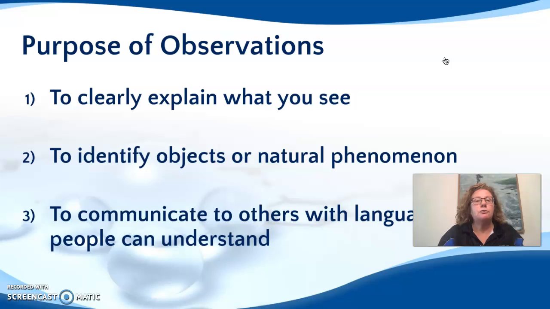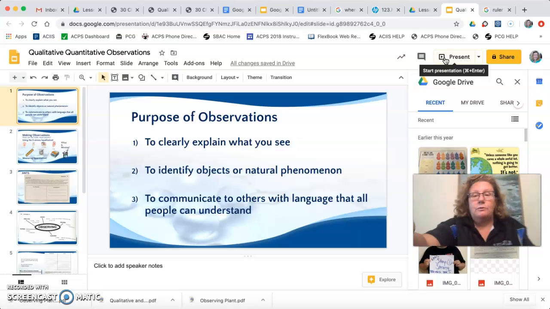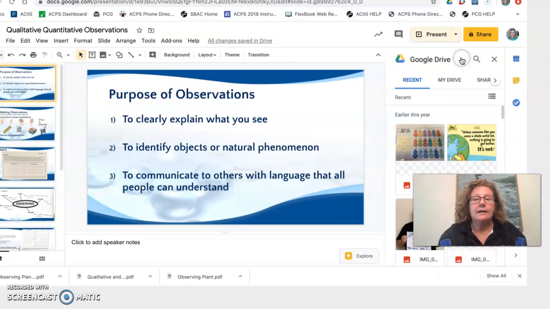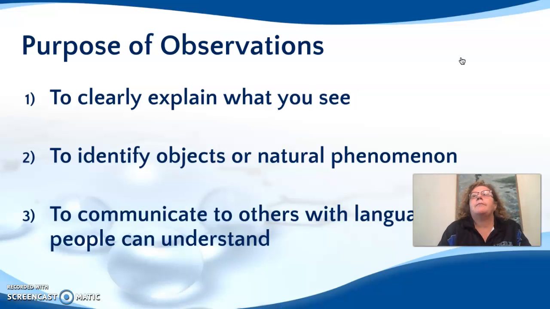You want to be able to use language that can help you to clearly explain what you see, to identify objects or some natural phenomenon like a lightning strike or the wind from a big hurricane.